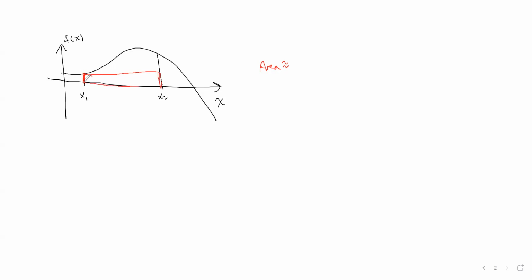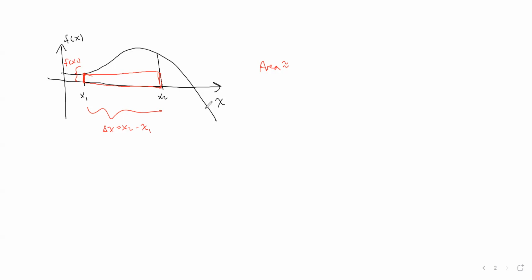So I'm just going to draw a rectangle there. Notice the rectangle has a height equal to f of x1, that's this height, and it's got a width equal to delta x, which equals x2 minus x1.